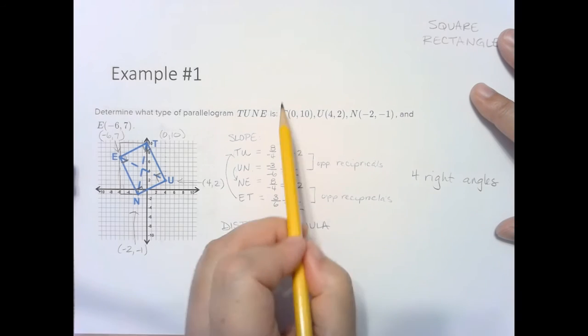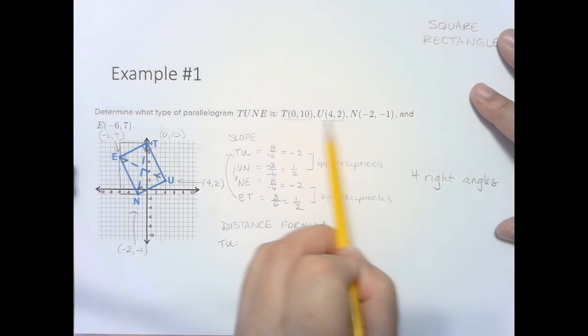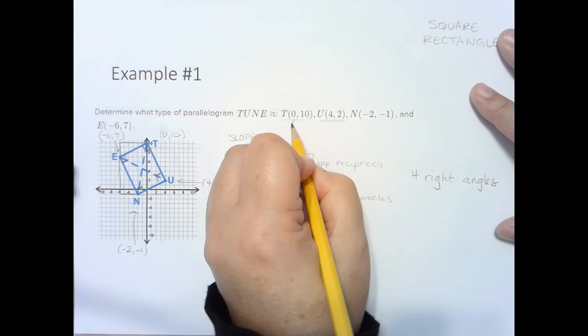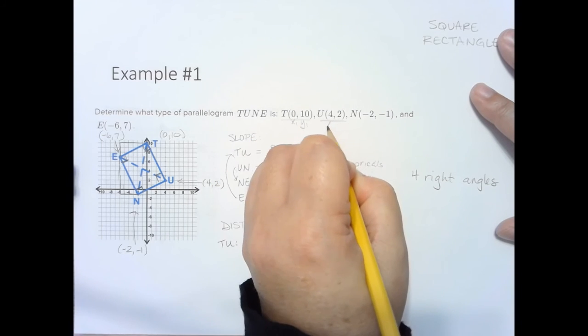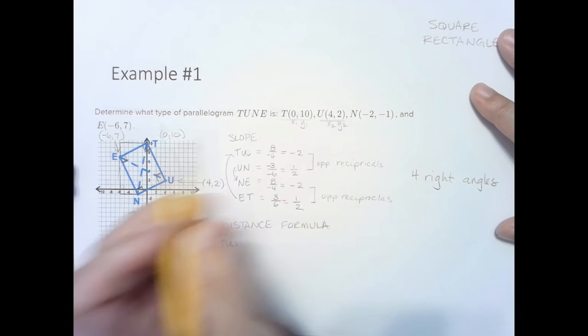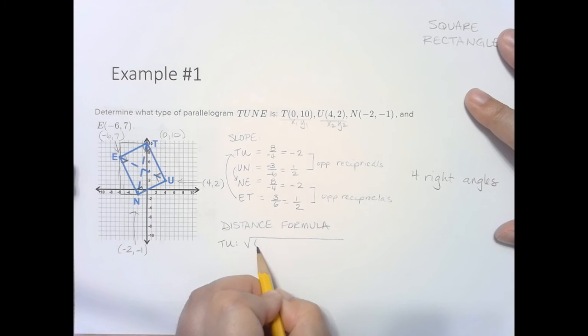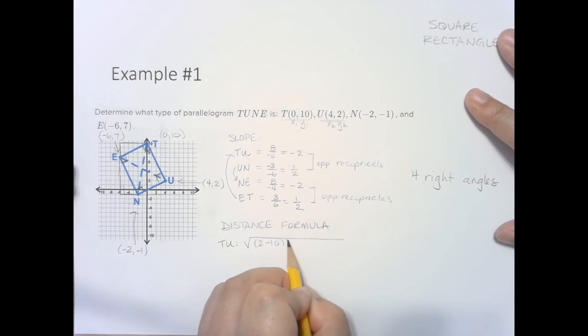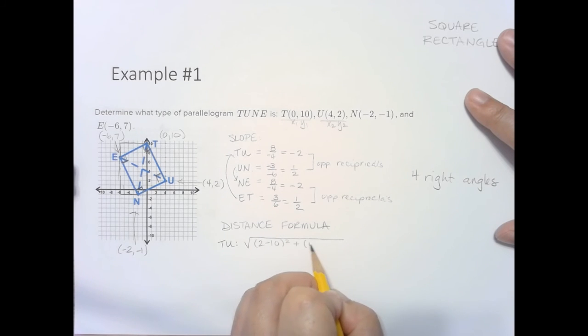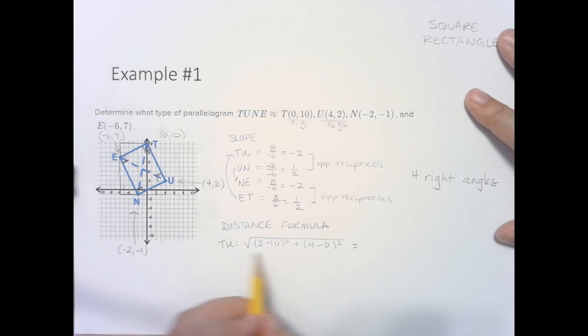If I've got T and U, that's going to be my x1, y1. This is going to be my x2, y2. So the square root of 2 minus 10 squared plus 4 minus 0 squared equals. I'm going to do the final calculations later. Right now I'm going to set everything up so I can move to my calculator.